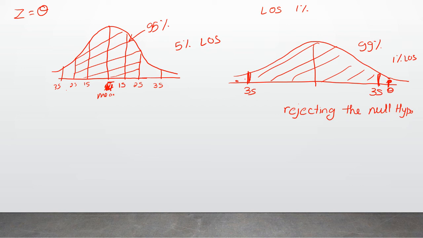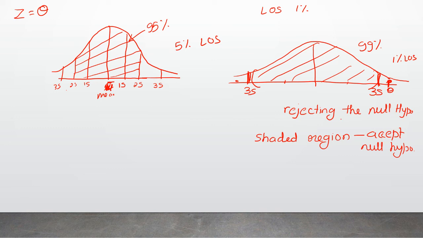That is, in these regions you will reject the null hypothesis. But if your theta value lies somewhere here or within this shaded region, you will accept the null hypothesis. So shaded region, accept the null hypothesis. So this is the only thing.